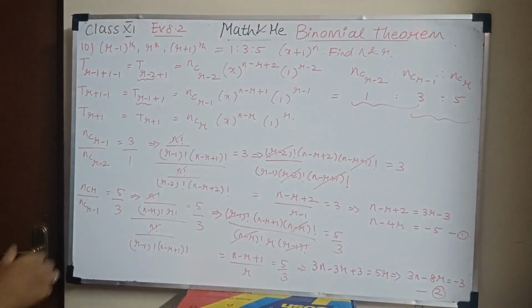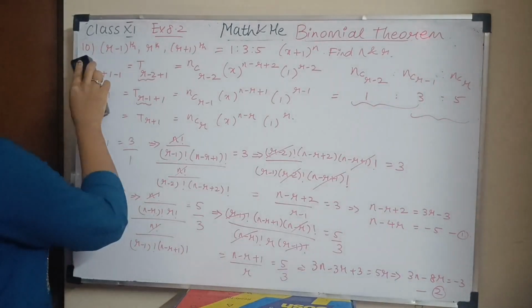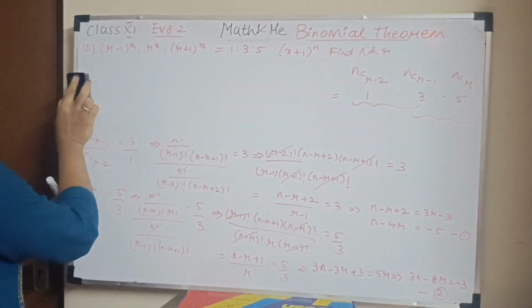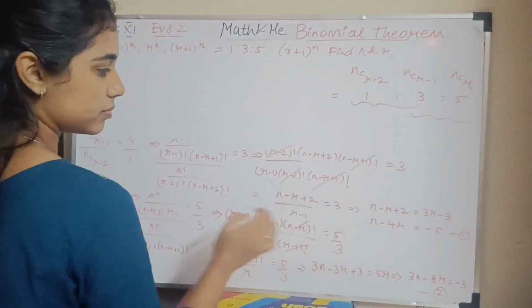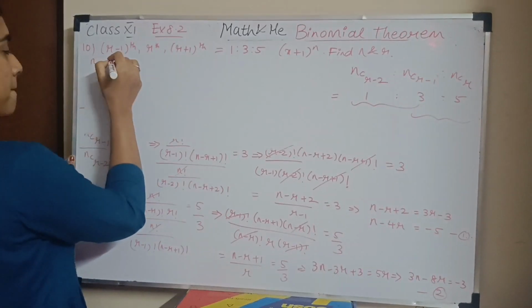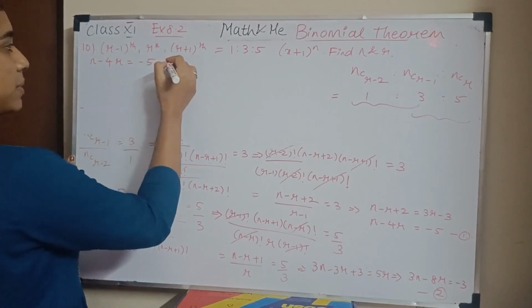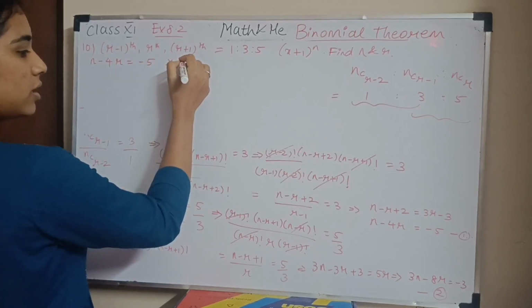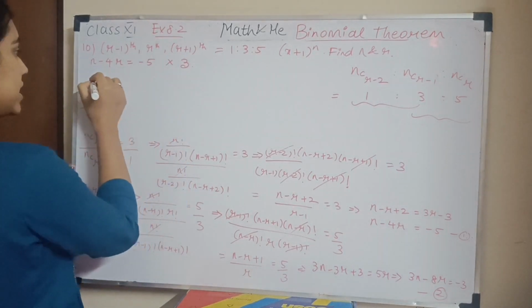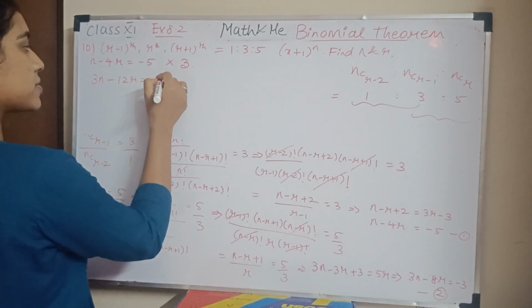So let me erase this part. I have two equations. n minus 4r equals minus 5. Let me multiply this by 3. So I get 3n minus 12r equals minus 15.